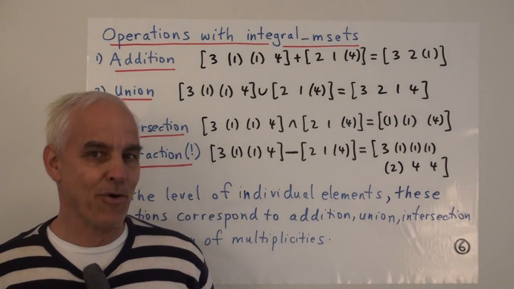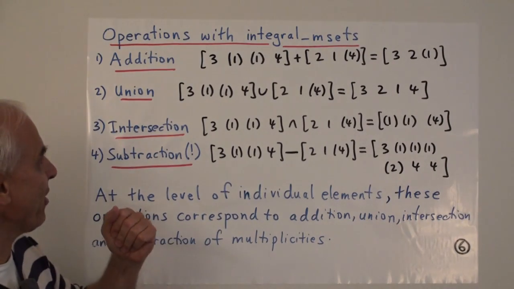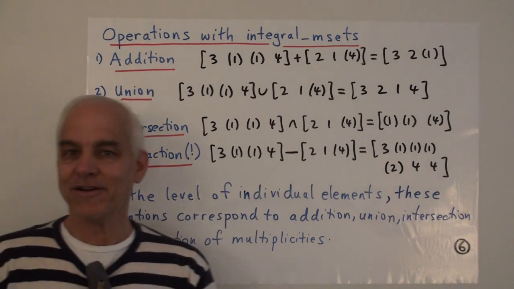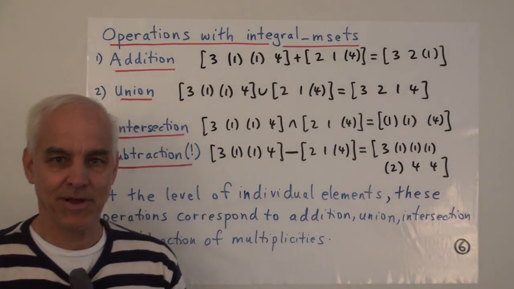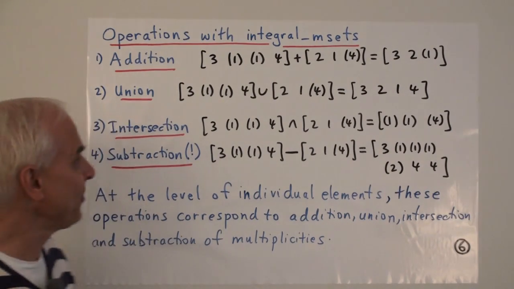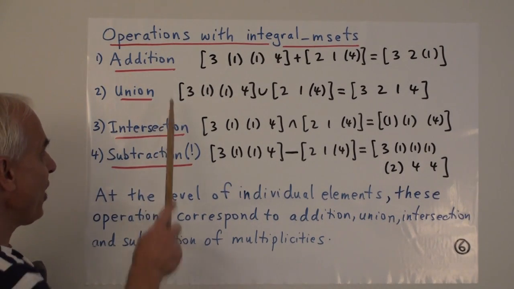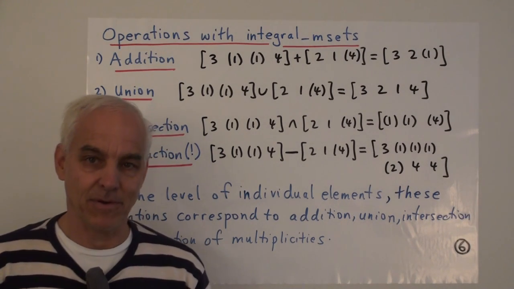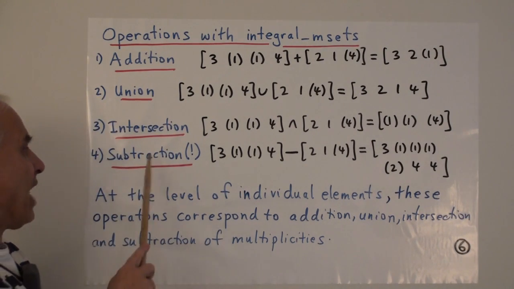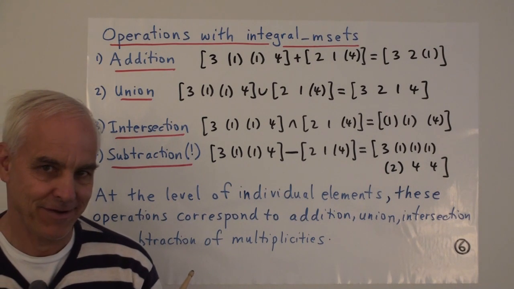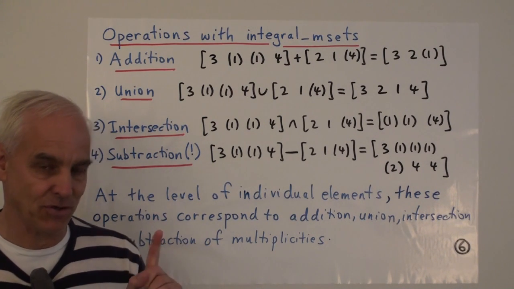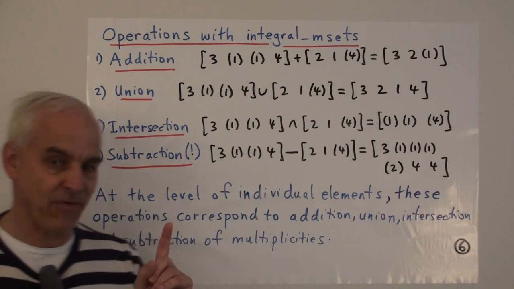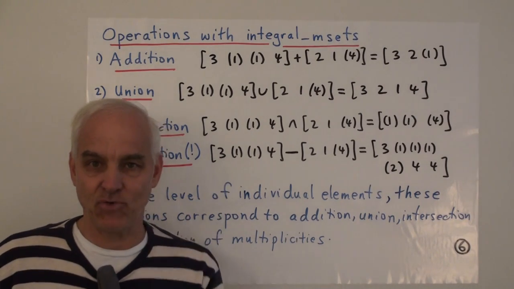Okay, so we can now extend our algebra of multisets to these integral Msets. And in particular, not only do we have addition, union, and intersection, as we already have talked about quite a lot, but we now also have subtraction. This is the beauty of having integers. This is what having integers does for you, is that you can systematically subtract.